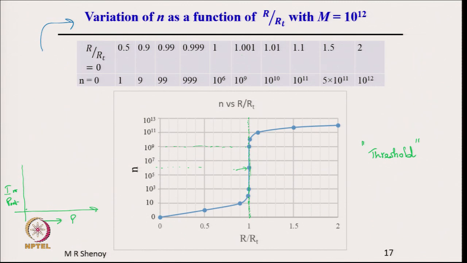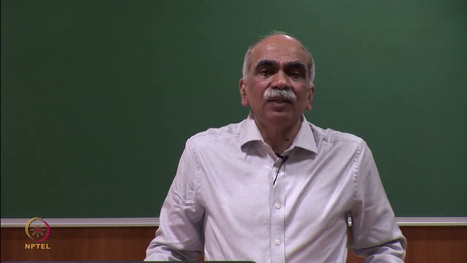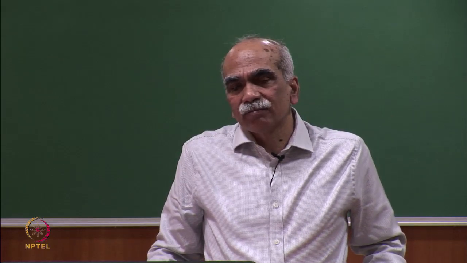Initially it may be going like this, and then suddenly it changes like this. Which means that this is the threshold point. So, this clearly indicates the onset of laser oscillations, and we have shown how the photon number changes drastically as we go from below threshold to above threshold. This illustrates really what threshold is, which is a very important property of a laser.